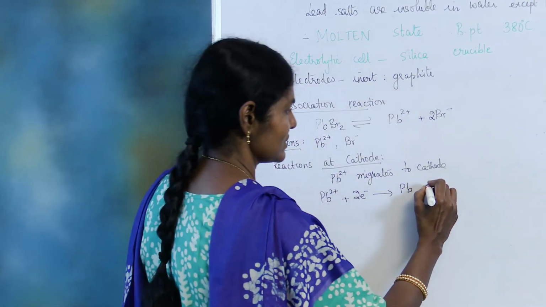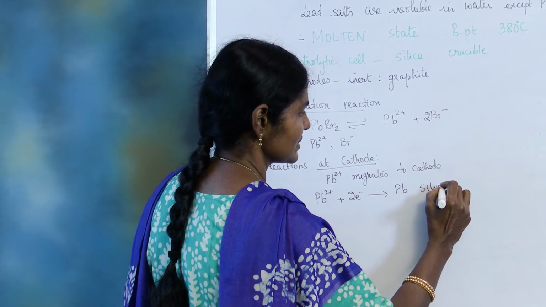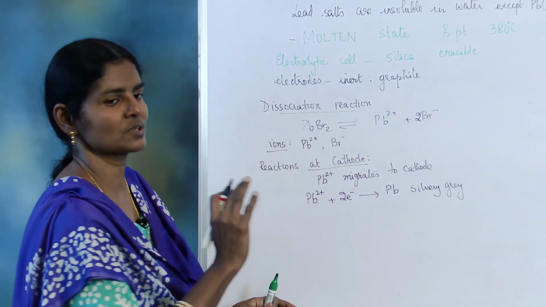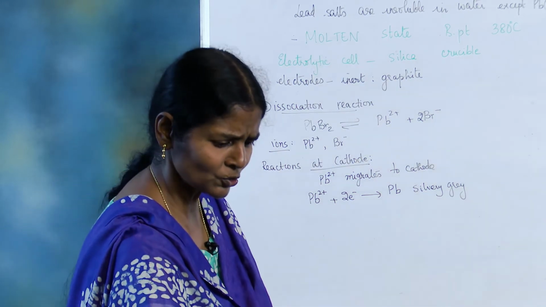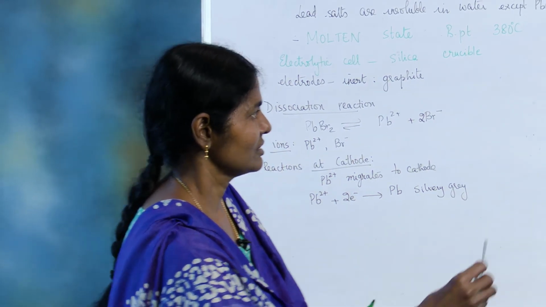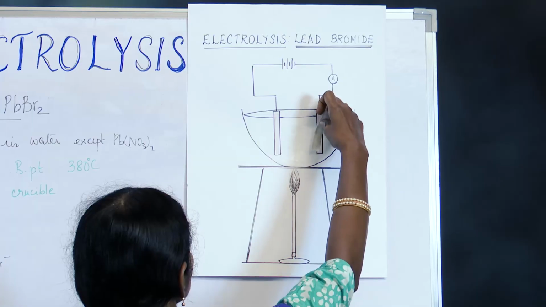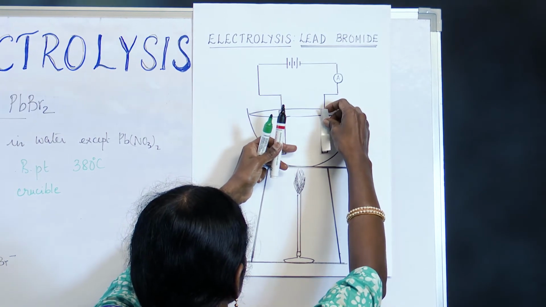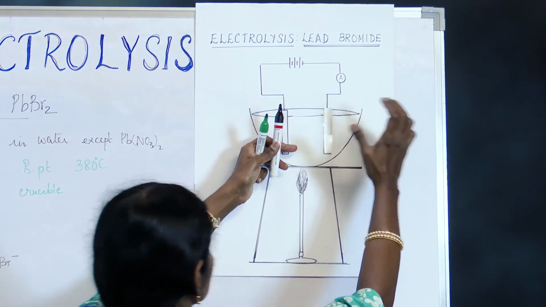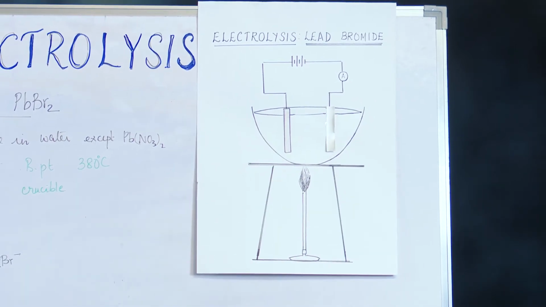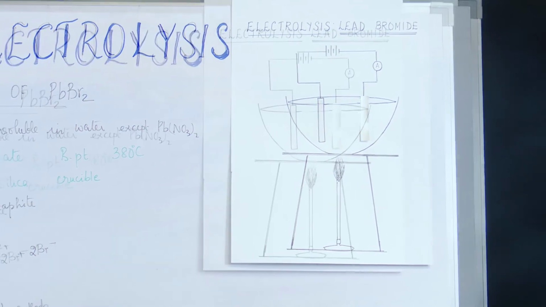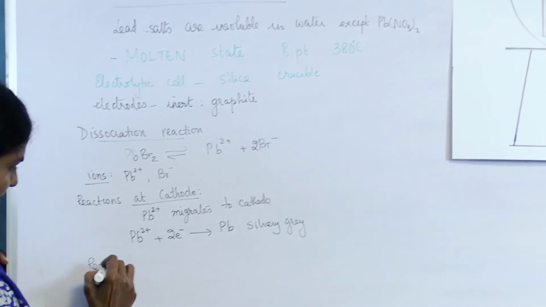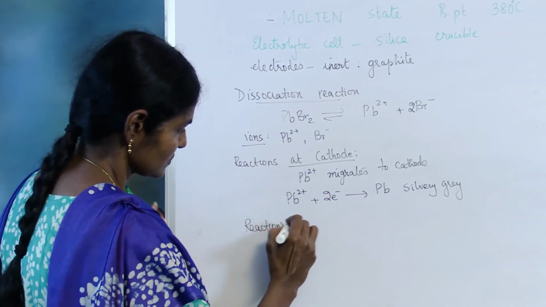This lead metal is silvery gray. So, as the reaction goes on and on, slowly the cathode attains this silvery gray color.